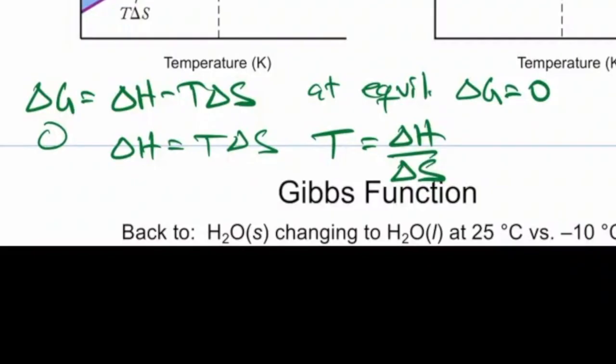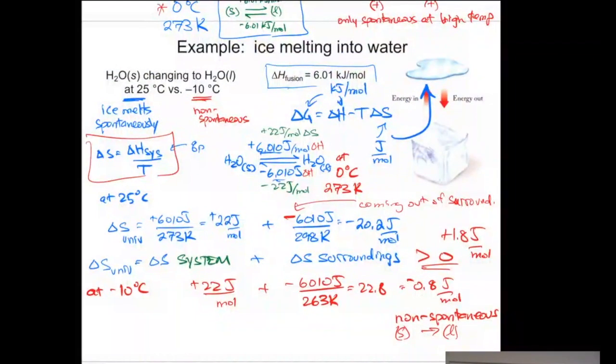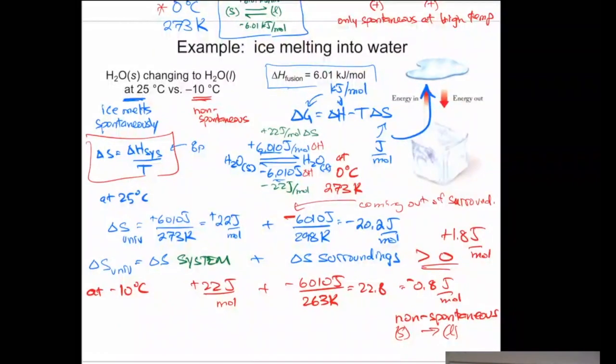If we go back to this slide, look at these numbers. I'll remind you. We calculated what the change in entropy is at that transition. It was 22 joules per mole per Kelvin. And I reminded you of the delta H of fusion. That was 6010 joules per mole.